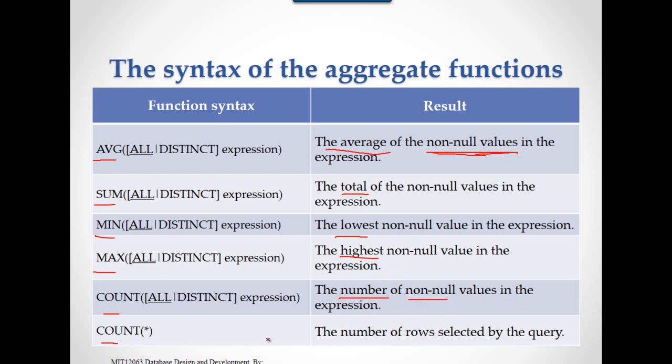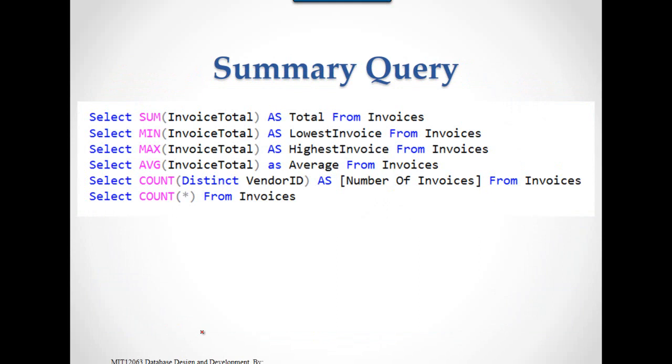And the count all function returns all records available in a table. It doesn't matter whether it is a null value or non-null value, it takes care of all of them. So basically we have 6 aggregate functions: avg, sum, min, max, count, and count all. We will see how we can apply these functions in a table in our accounts payable database.